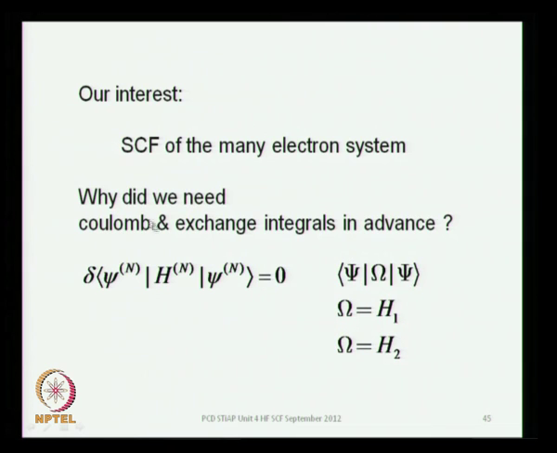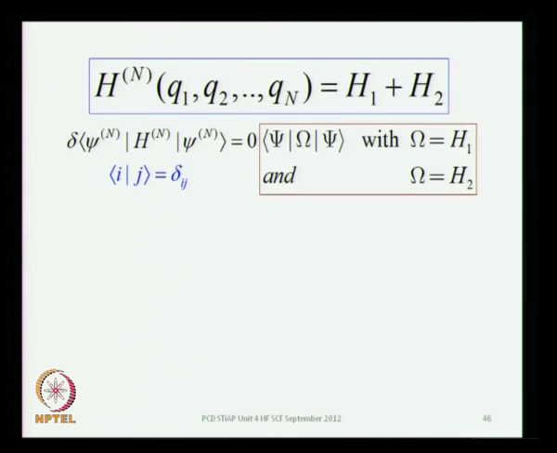So, it is for this reason that I set up the machinery to handle the Coulomb and the exchange integrals at the outset, and now we look for getting an extremum of this, so that a variation in this would vanish, subject to the constraint that the individual spin orbitals remain orthogonal to each other and normalized.